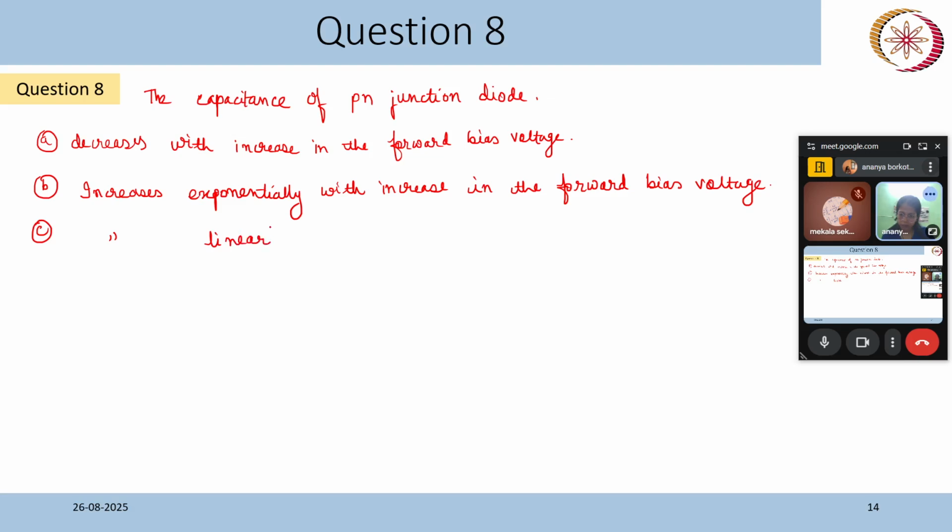Increases linearly with increase in the forward bias voltage. I'm not writing everything. Okay.